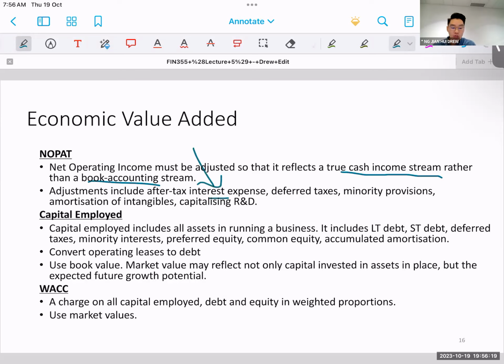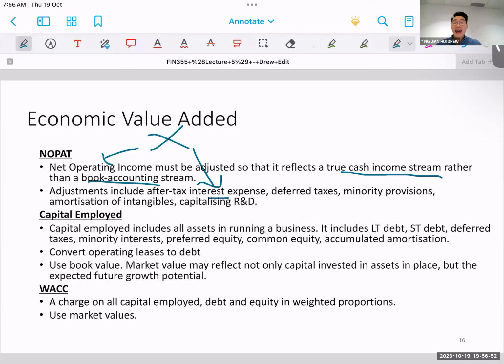Why? Interest is not relating to operations, right? So what is interest relating to? Anyone knows? Interest is not relating to operations, and what is it relating to? That's correct.